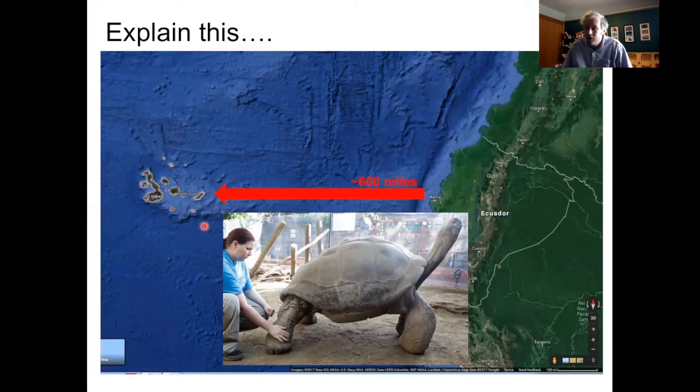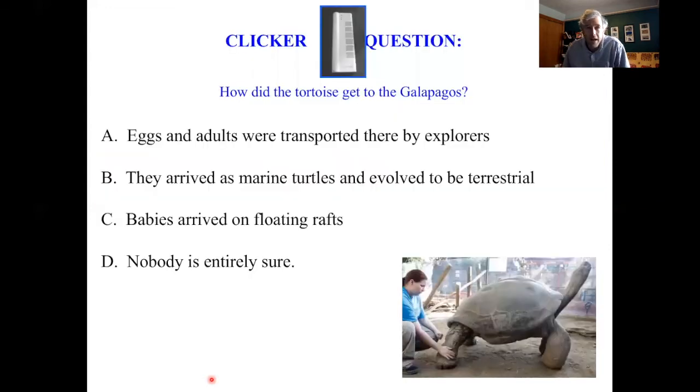So how on earth does a giant tortoise cross 600 miles of open ocean? These things cannot swim at all. If they end up in the water, they drown very, very quickly. So how do they cross 600 miles of open ocean? Well, let's do a fake clicker question. How did the tortoise get to the Galapagos?